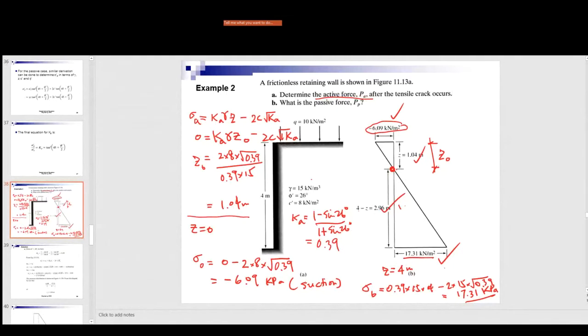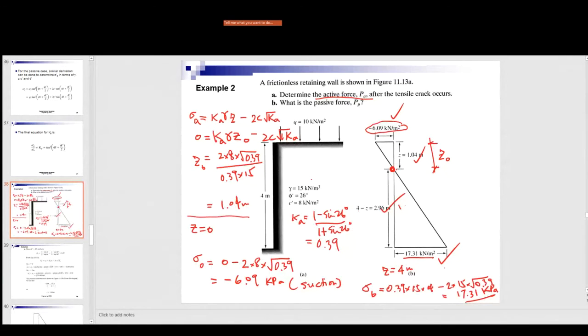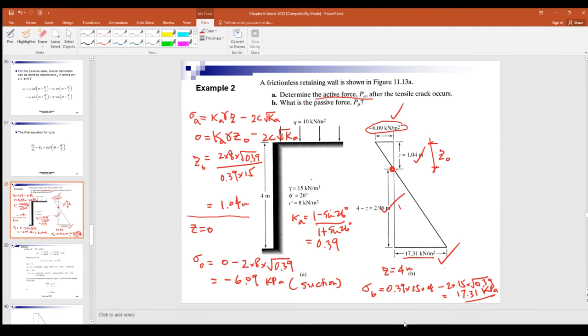Now let's continue the calculation for the active force. What's the total force here?